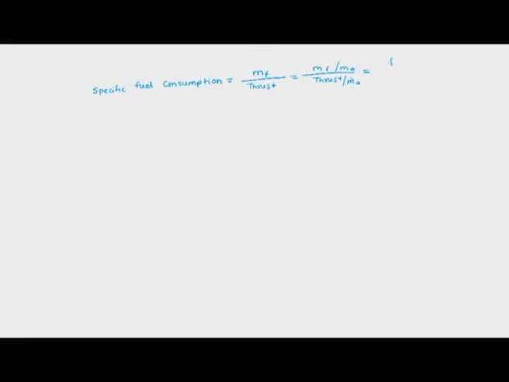So this becomes f, which is the fuel air ratio, and this becomes specific thrust. So this is how we have specific fuel consumption defined: the requirement of fuel to generate a unit value of thrust.